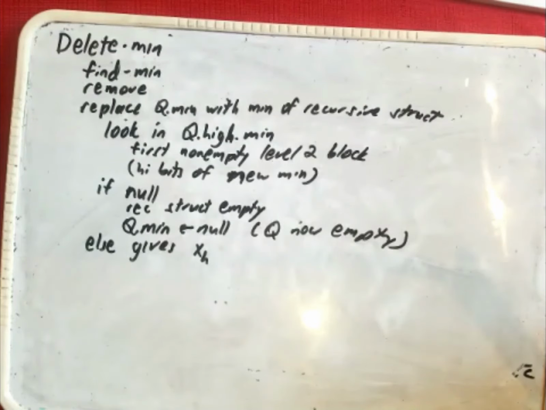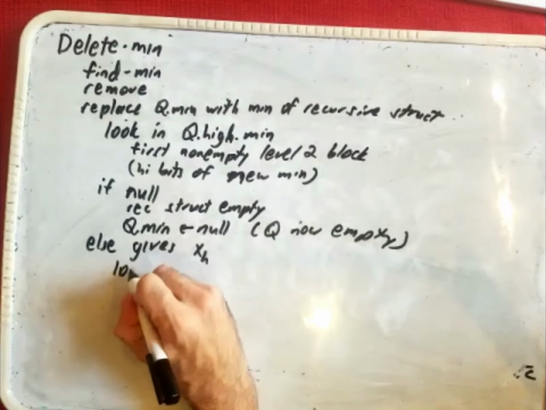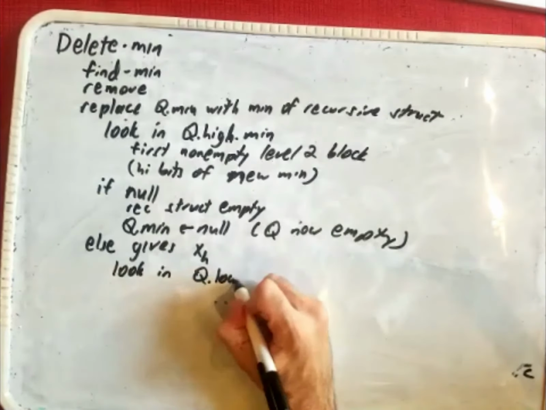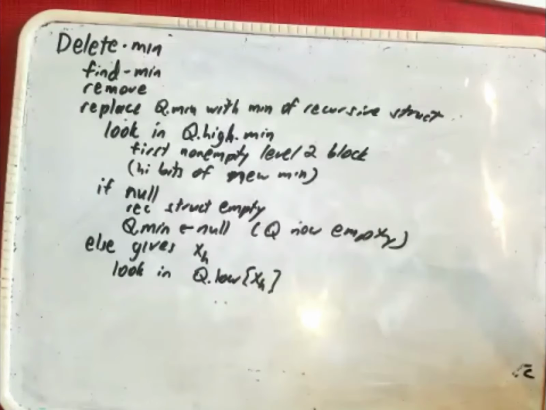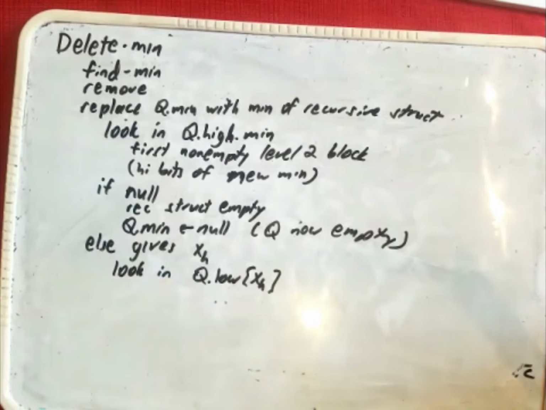What does it mean to go to the next level? So x_h tells us where the first non-empty bucket is. So we can find that in q.low indexed by x_h. That's the first non-empty block. And where are we going to find the smallest element of this block?